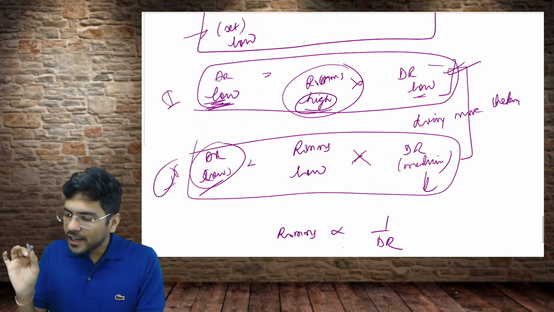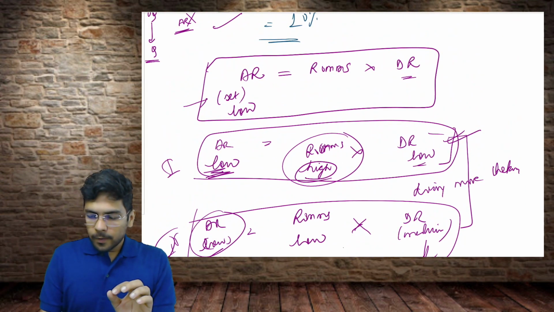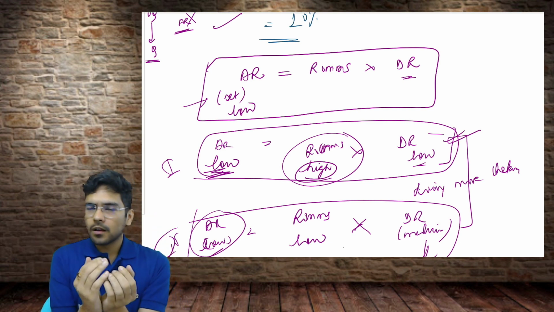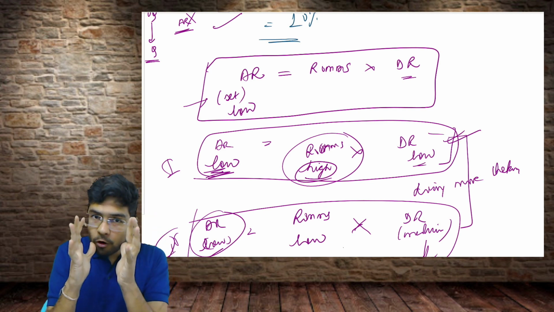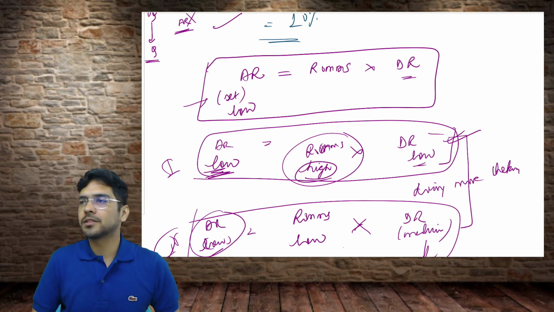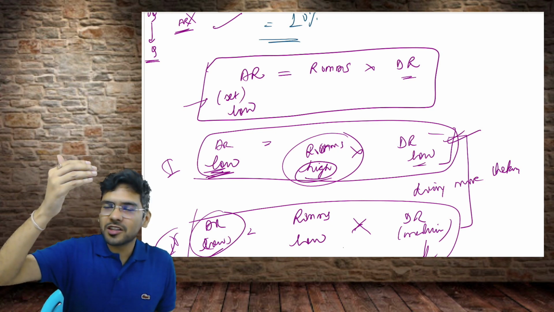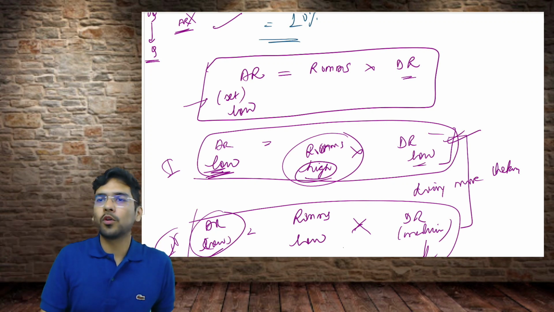Again, let me put it this way. I just want to ask you one thing. Is ROMM in the hands of the auditor to increase or decrease? Yes or no? No. Is detection risk, to increase or decrease, in the hands of our auditor? Yes.